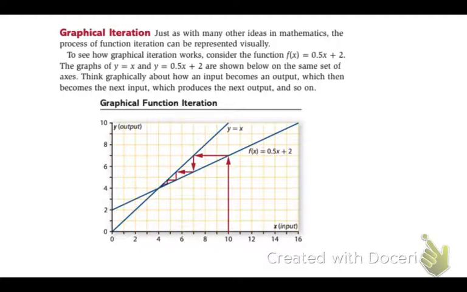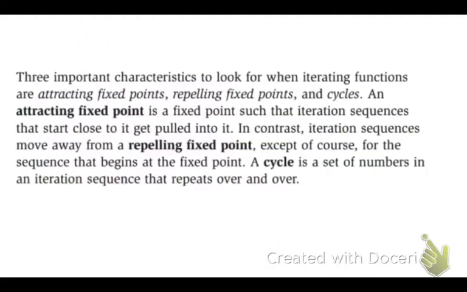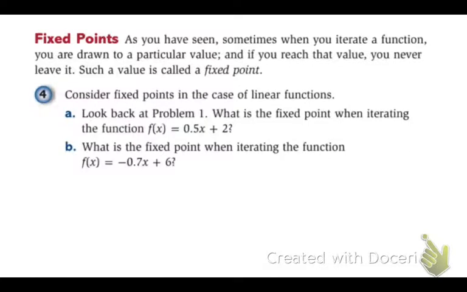The other thing that we can think about with these are some algebraic calculations. To calculate a fixed point algebraically, this is where the function is going to be equal to x, where my inputs are equal to the outputs.